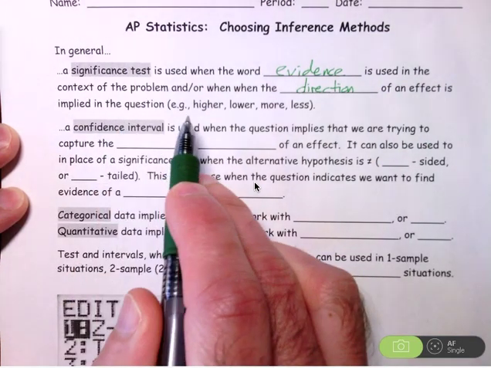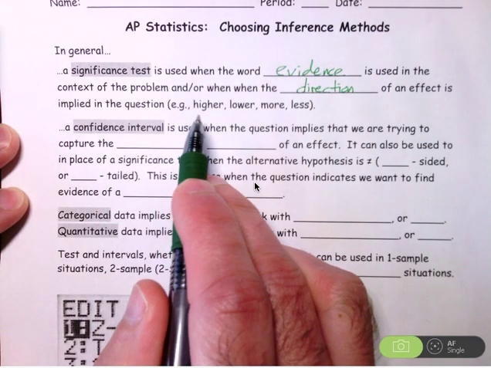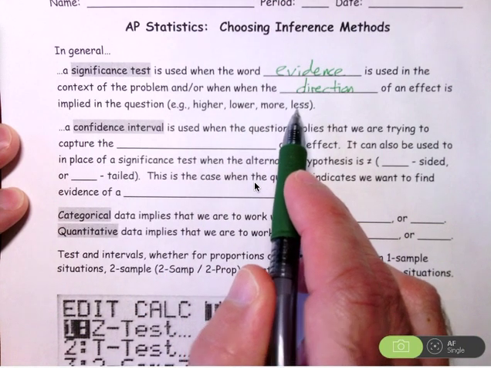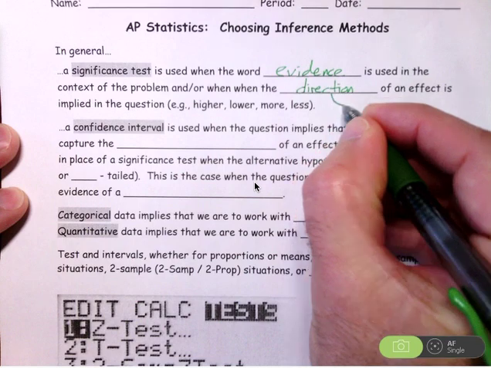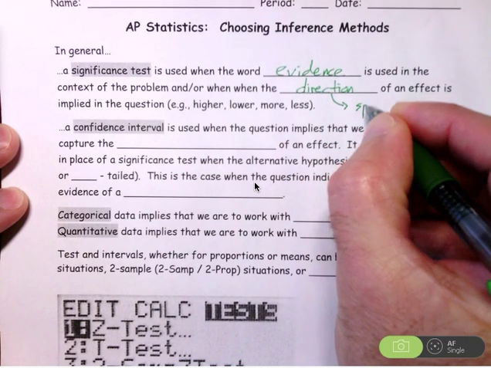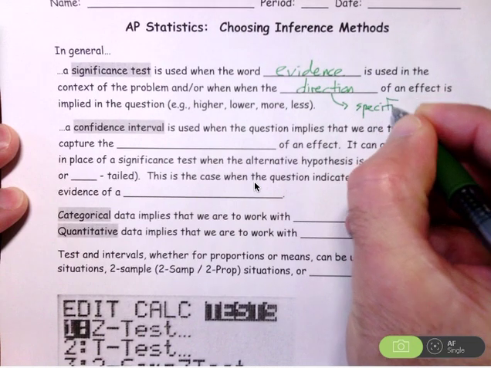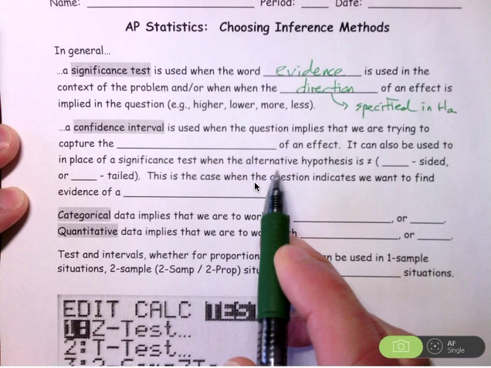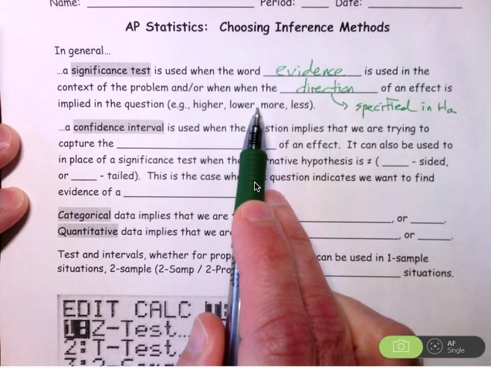So if you're looking for evidence of something that is higher or lower or more than or less than something else, and that direction is what is specified in the alternative hypothesis, so that's important. That's when we use a significance test.